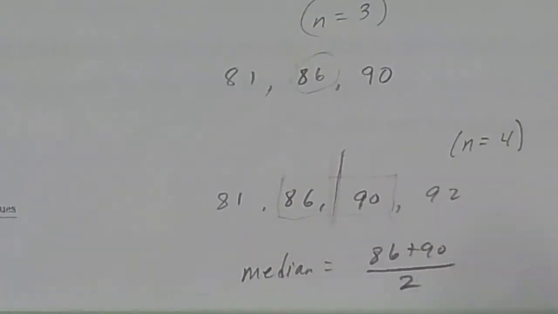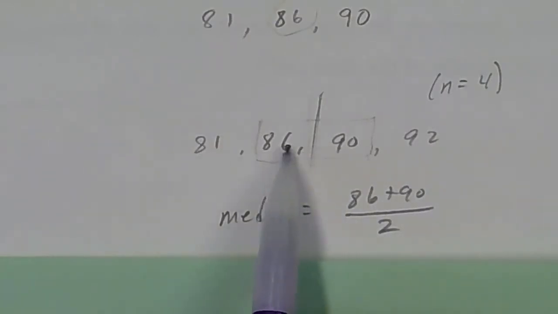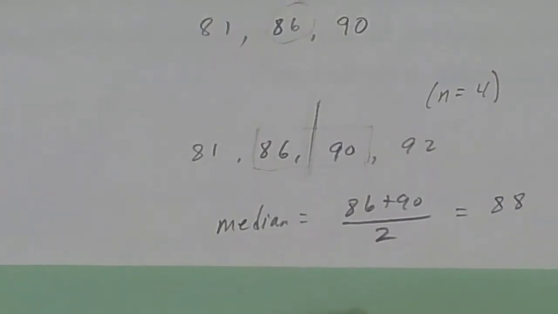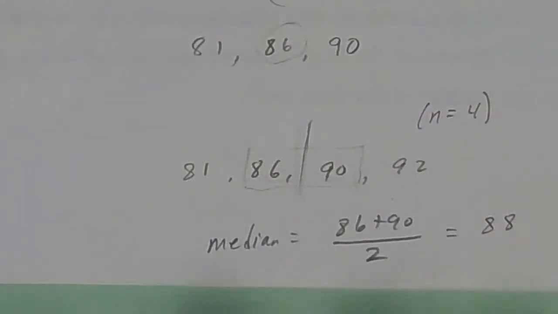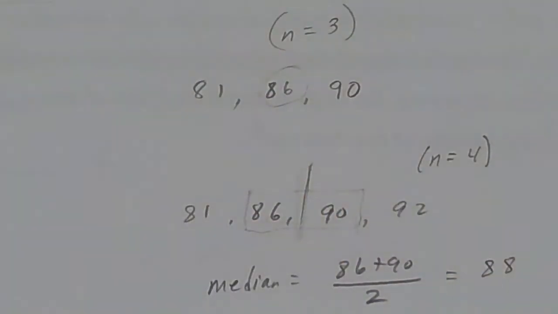It's also going to be the midpoint. It's another way you could think about it. Just the number you choose, make sure it's in the middle of 86 and 90, which would obviously be 88. All right, so you see the difference? Even: still make sure it splits the data in half, but you got to average the 2 middle. Odd data set, there is a true middle.